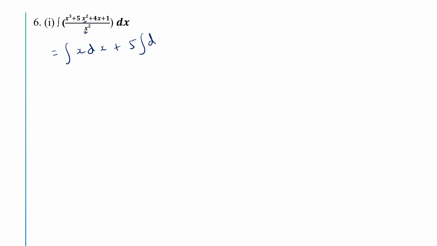So plus 5 integral dx plus 4 integral x by x square. X by x square is 1 by x. 1 by x dx plus 1 by x square. So integral 1 by x square dx.